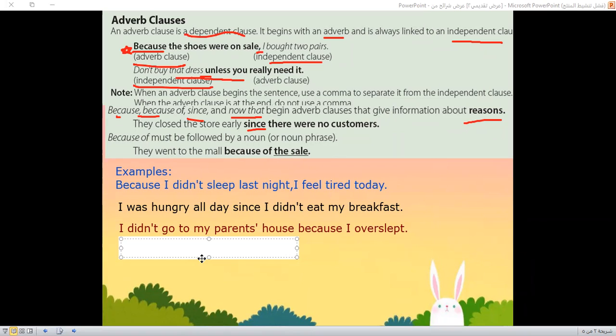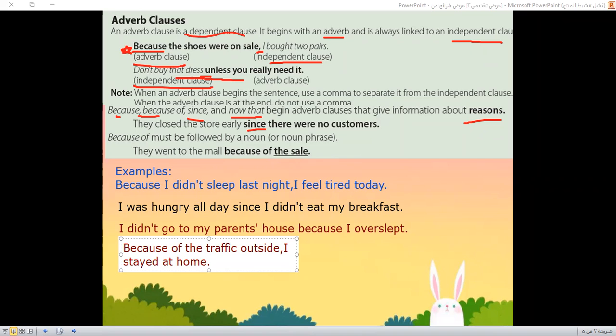Think of something else. Let's use because of. And we're going to start with the adverb. I just want to tell you that we can start with the adverb: because of the traffic outside, comma, I stayed at home.